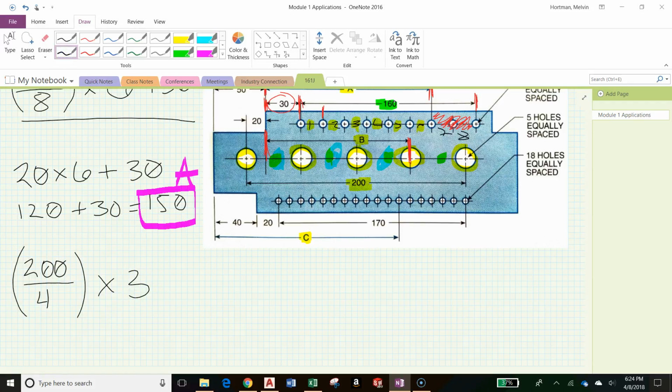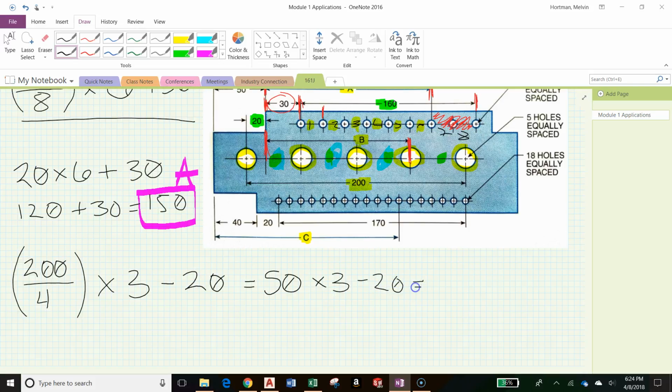And then this time we have to subtract this 20 here. So let's write minus 20. Alright, so first the 200 divided by 4 is going to be 50, times 3, minus 20.